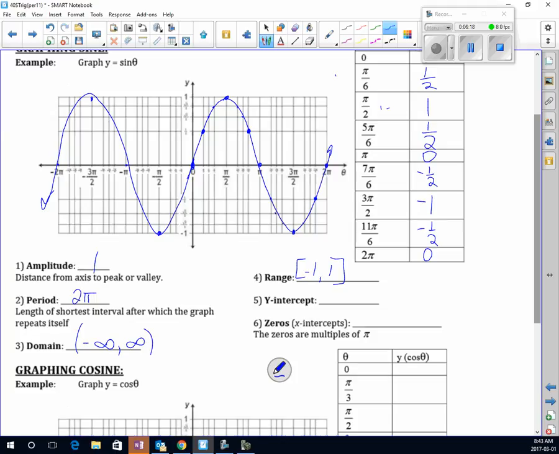Okay, what's my y-intercept here? 0. And what's my 0? So if I do it as a list, negative 2 pi, negative pi, 0, pi, 2 pi. So what is this? This is our multiples of pi.